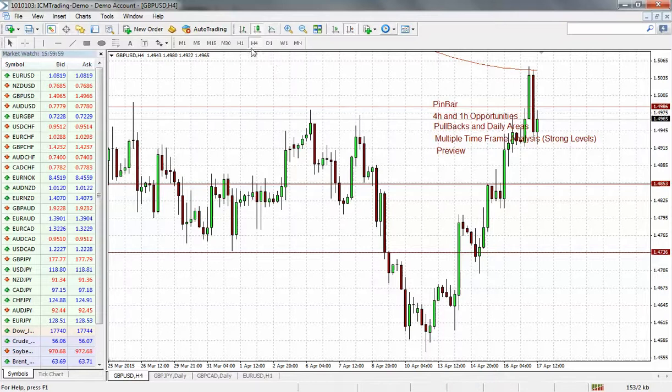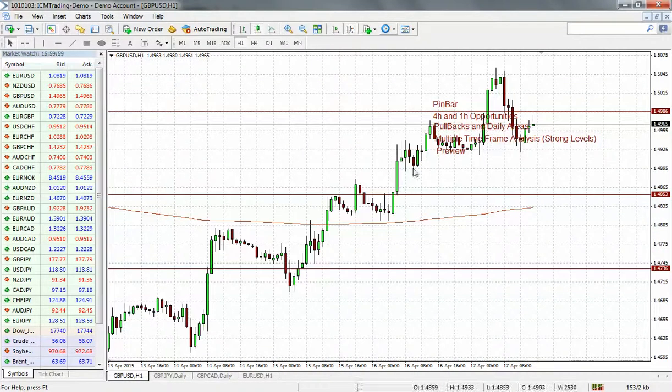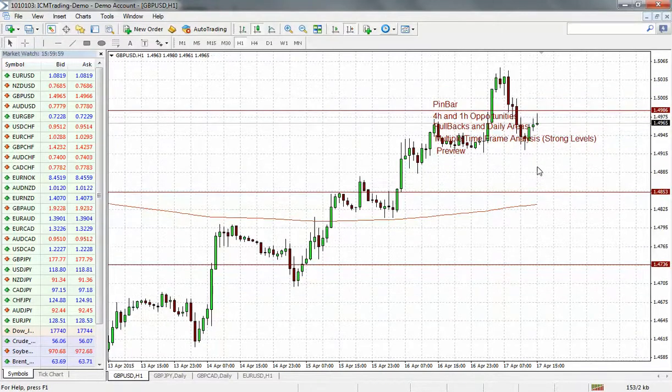Even if you jump down to the 1-hour chart, you can use this daily line as a way to confirm your trades on your price action. Price may come down here again and bump back up here, and this is actually a daily level as well, so it will give you more confidence when you enter your trade.